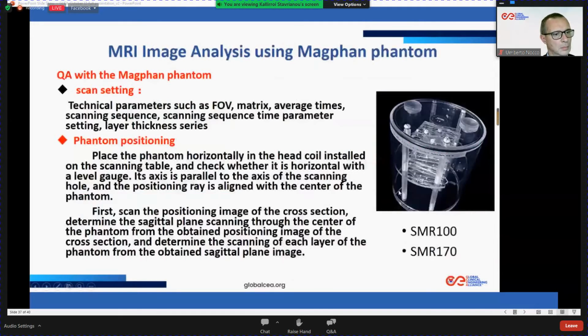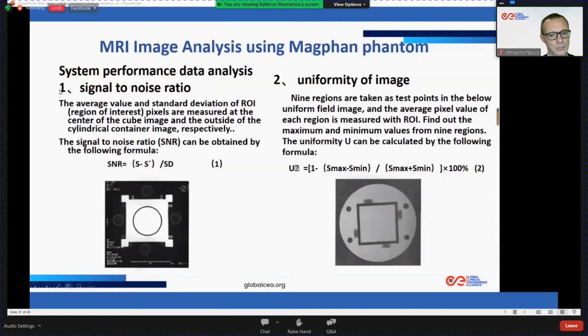And also the MRI image analysis, the QA with the phantom, scanning and setting like this one, and set the phantom at the positioning. The first very important parameter is the signal to noise ratio.